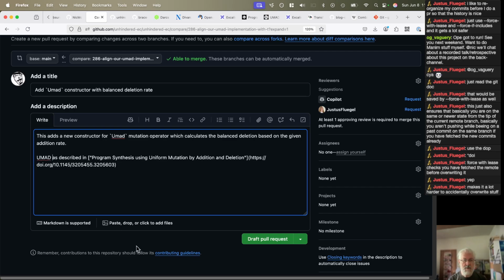So UMAD, as described in blah, recommends using a balanced deletion rate, which is addition rate over 1 plus addition rate.